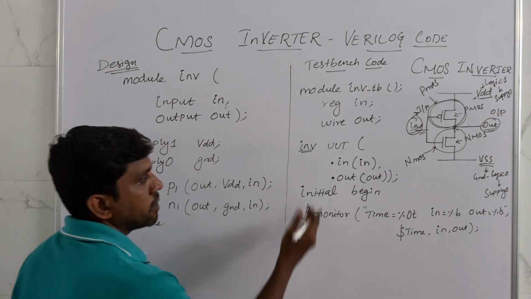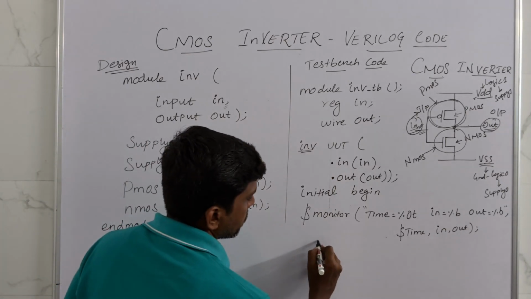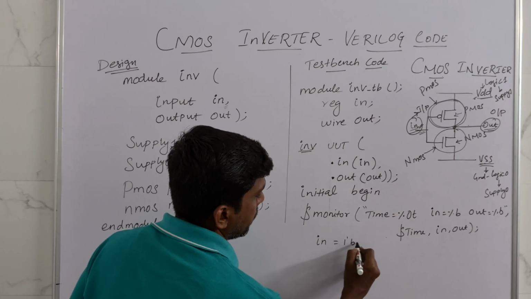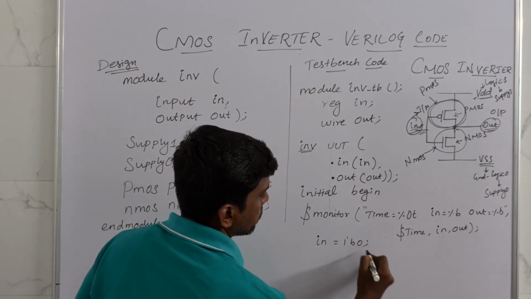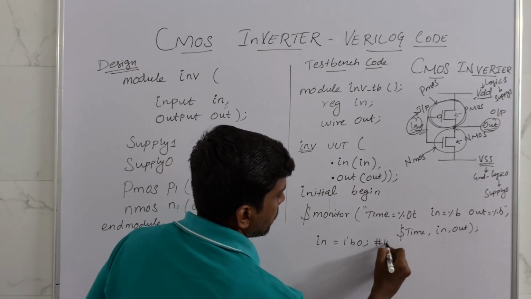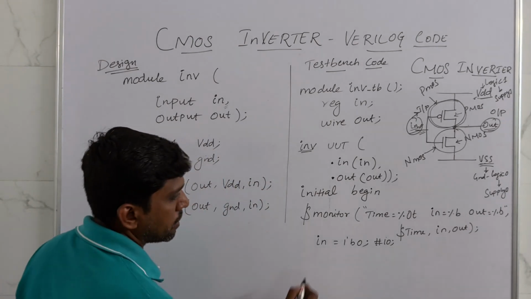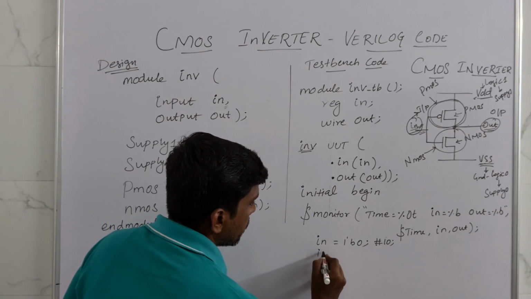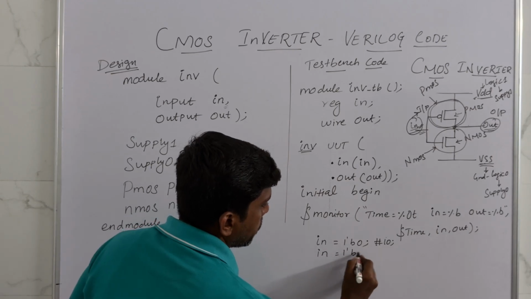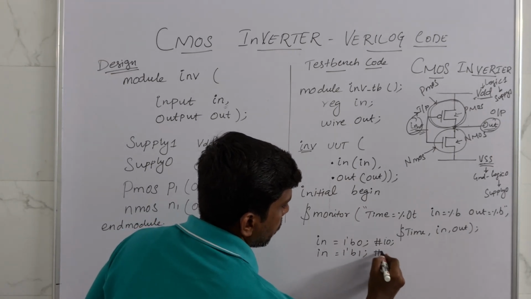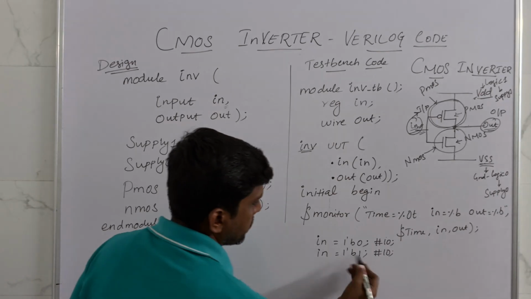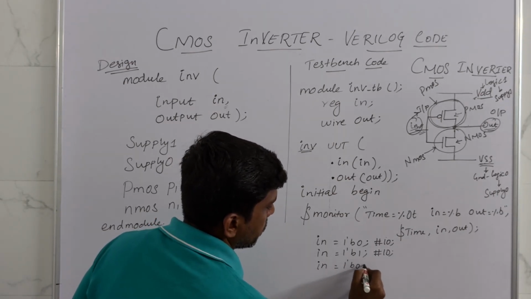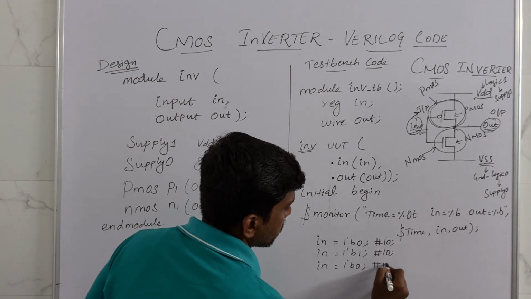Then I assign the input values. Let me assume initially in equal to 1'b0. After 10 time units this value is changed: in equal to 1'b1. After 10 nanoseconds, I change the value again: in equal to 1'b0.